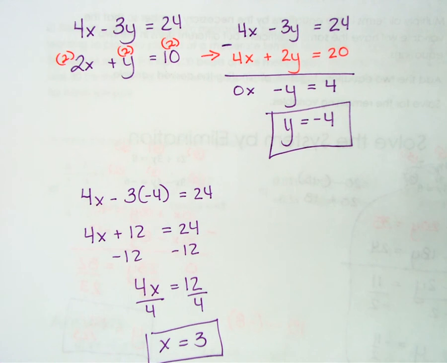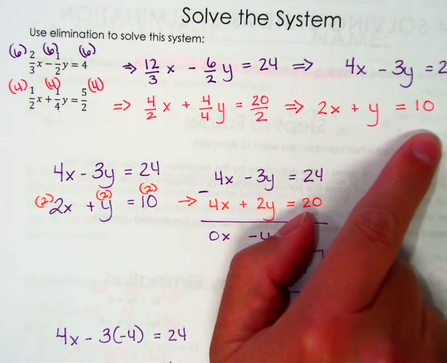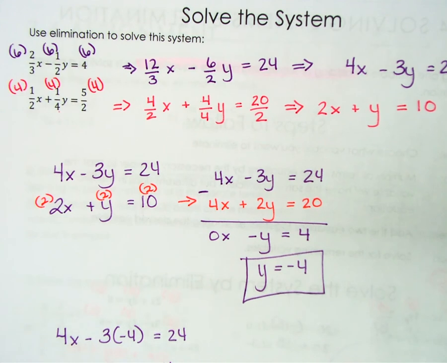If you want to eliminate the y, what would you have done? I would have multiplied this equation by a positive 3. But the y is negative.